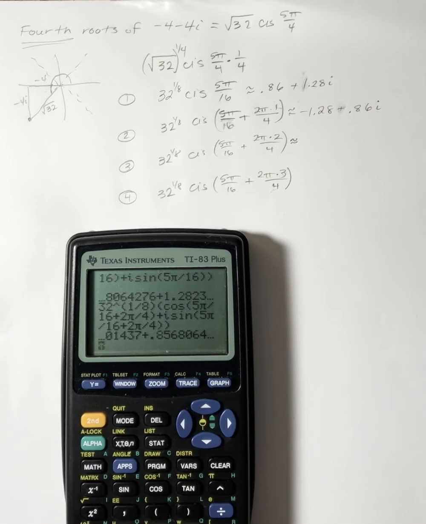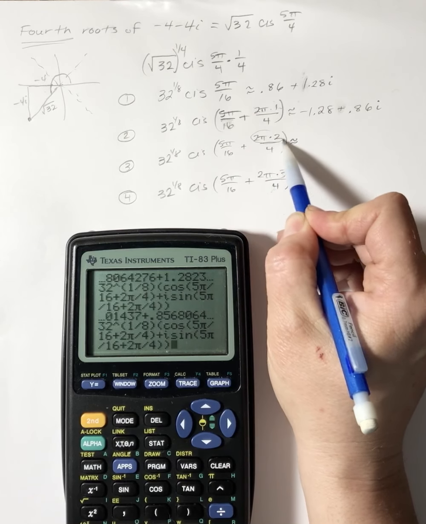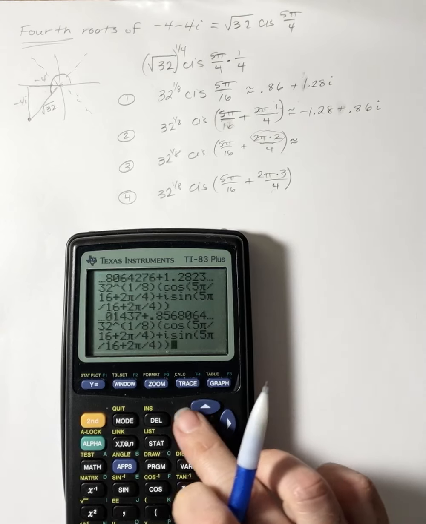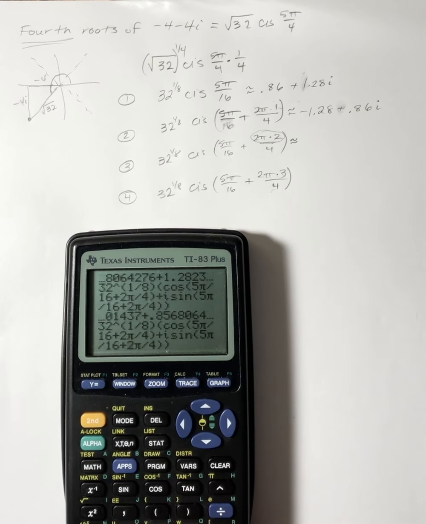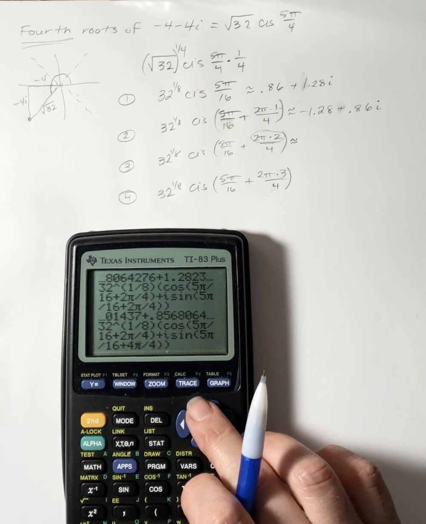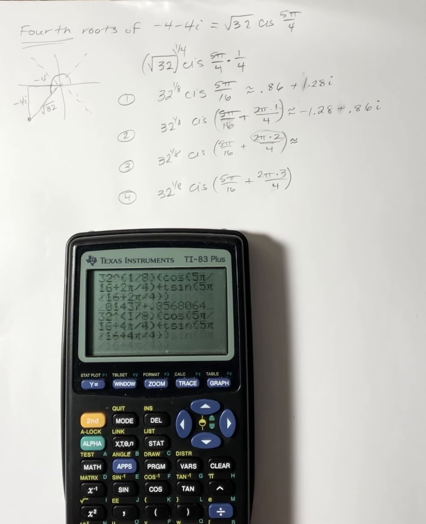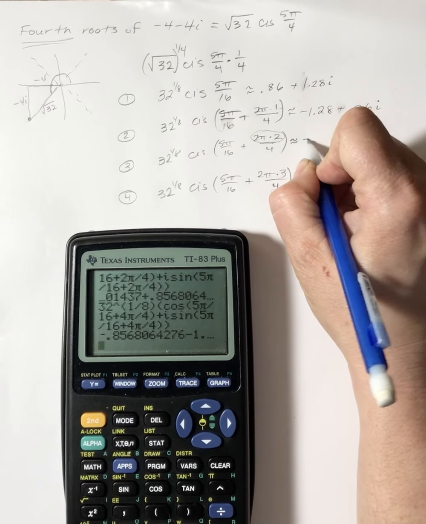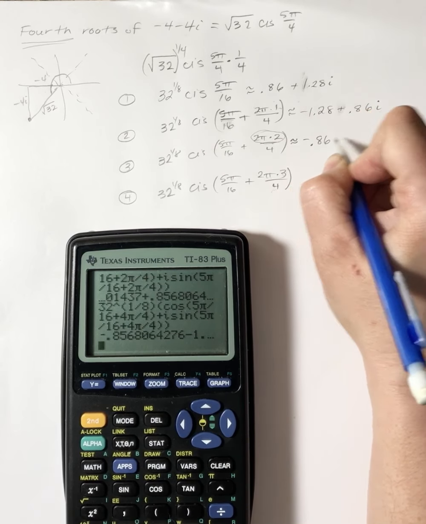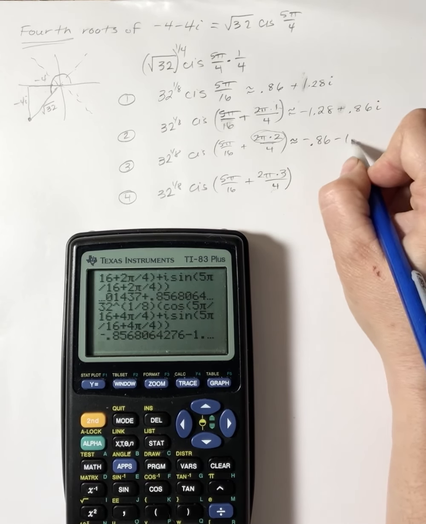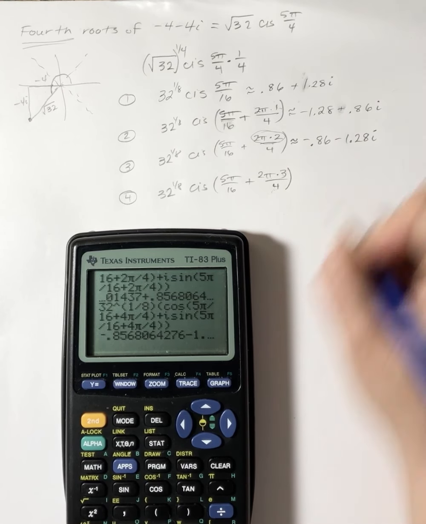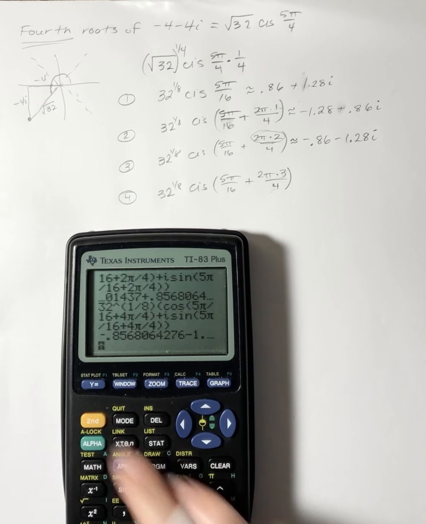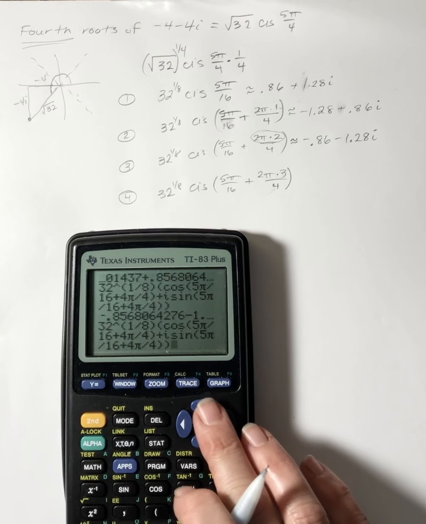I'm going to go second enter again. This is now equivalent to 4 pi, so I'm going to come back up here and just change this to a 4 pi and change this one to a 4 pi. So my third answer is negative 0.86 minus 1.28i. And then one more.